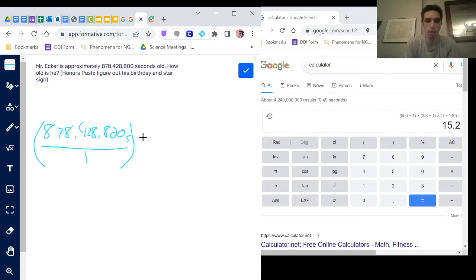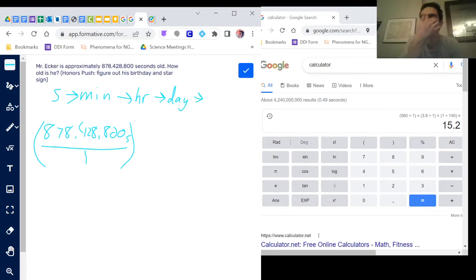And then the rest of this problem, all the conversions, will be about the same as what we did last problem. I just want to take a second to map out what my conversions are going to be. I'm going to go from seconds to minutes, because I know how many seconds are in a minute. And then we know how many minutes are in an hour, and hours in a day.